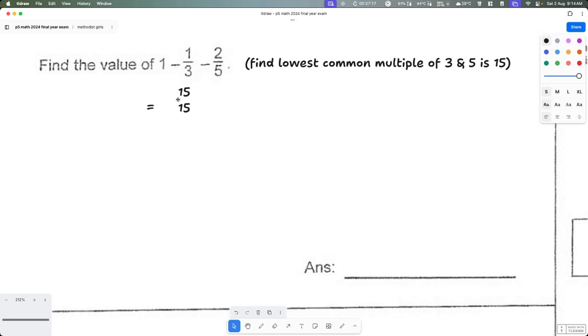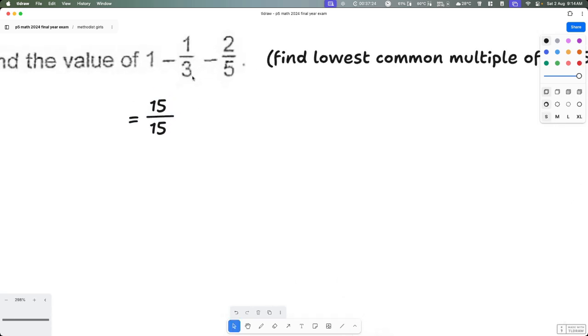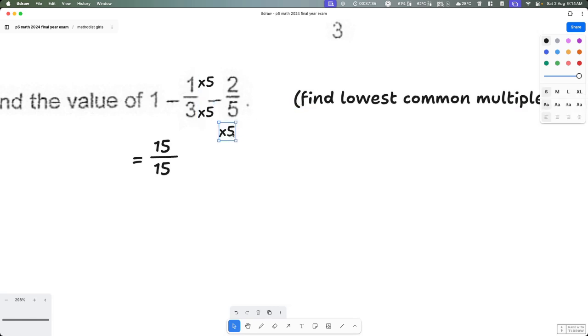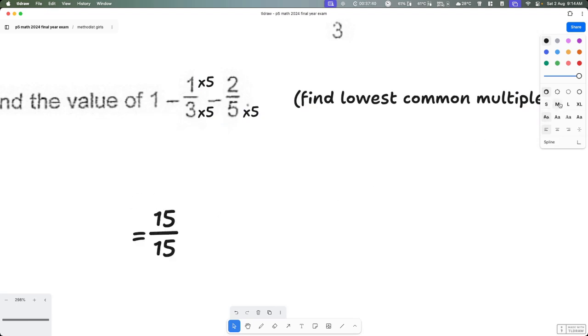Then for 1/3, if we want to get 15, we just have to multiply the denominator by 5, and we multiply the numerator by 5 as well. Let me put this in a bigger size.